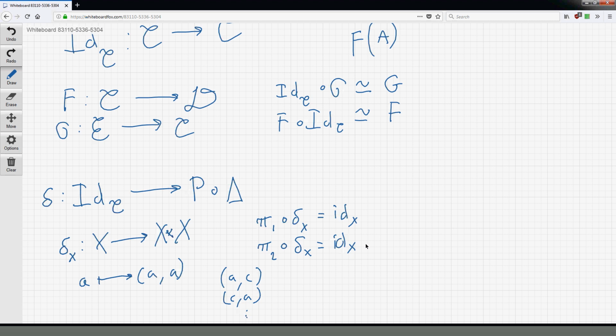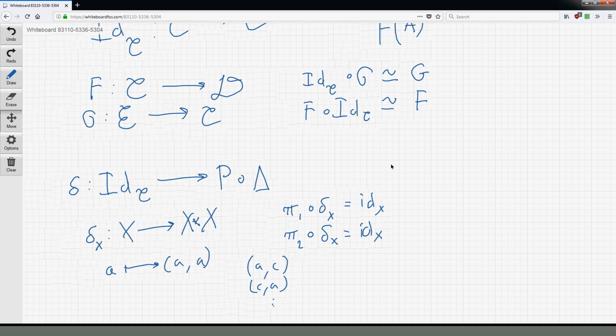So if you reverse these, you're not going to get the identity on the product anymore. But the fact of the matter is that this is a natural transformation between the identity functor and the diagonal functor. Okay, so that's another example of a natural transformation.